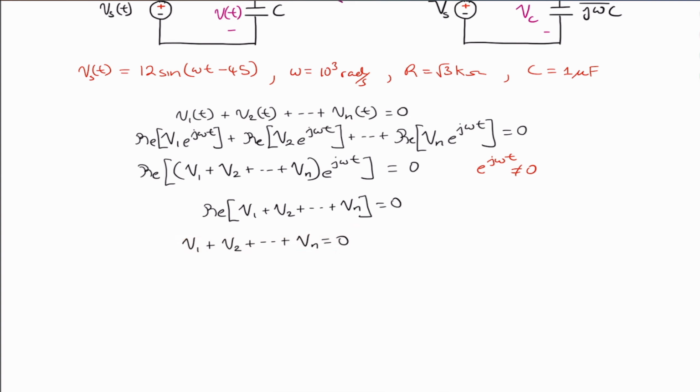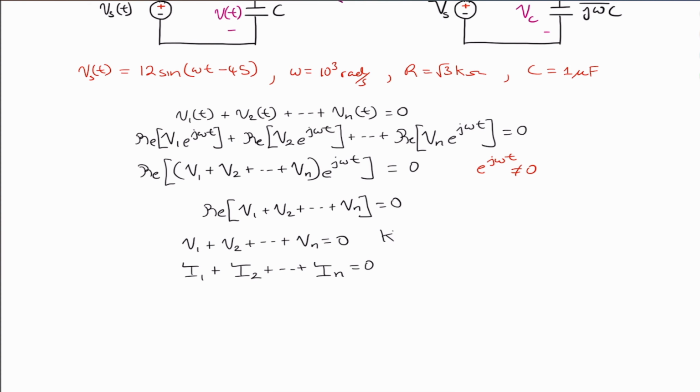And this can go for I as well, so that means the phasor counterpart of I1 of t, the phasor counterpart of I2 of t, and the phasor counterpart of In of t. So both hold.